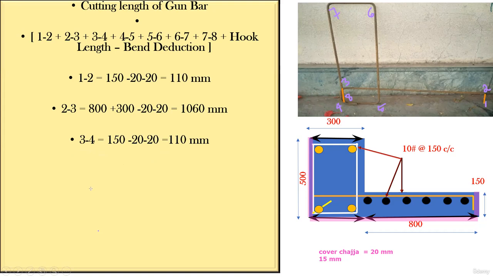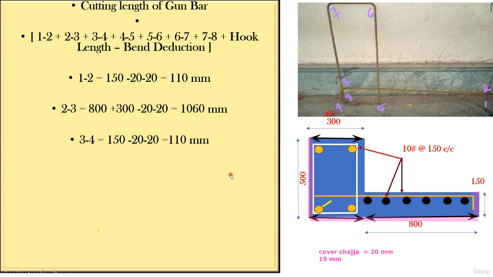So you can directly take 3 to 4. 3 to 4 will be 150 thickness. Top cover you deduct, bottom cover you deduct, 110. 1 to 2, whatever you got, the same will be 3 to 4. So 110 and 110. This much is understood. So this distance and this distance will be the same. You don't have to worry about that.